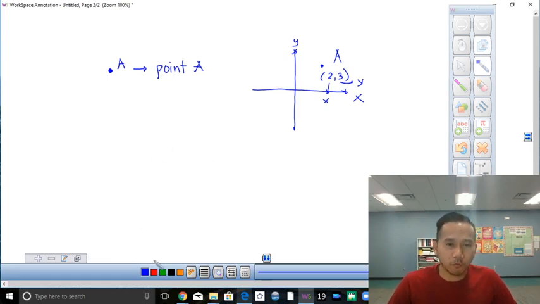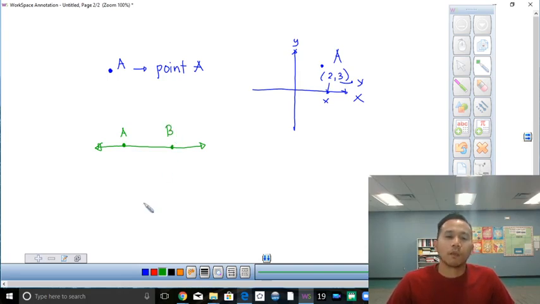So for example, if I have here a line, an arrow to the right and an arrow to the left, I only need 2 points to determine a line. Again, when we name points, it must be a capital letter. So let us say this is A and this is point B.